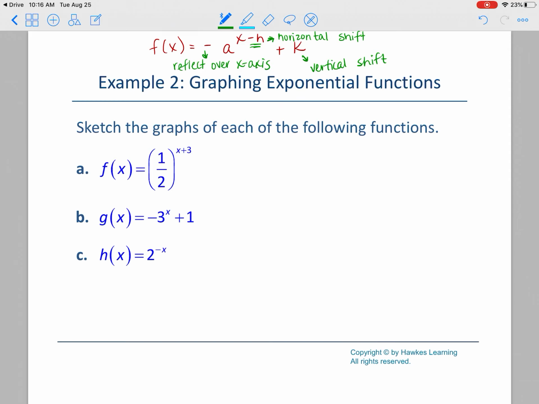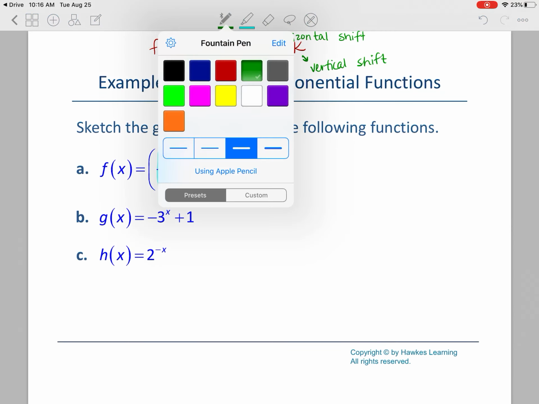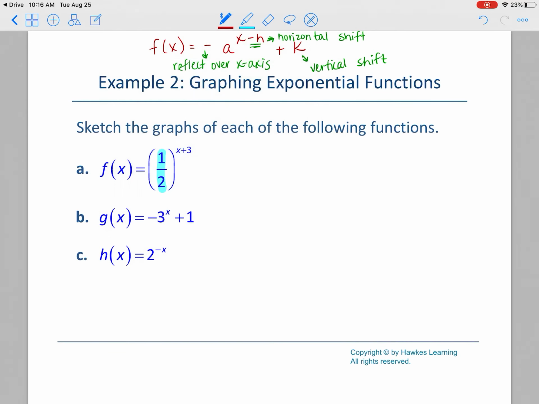So we're going to look at these. First, let's see, can you tell me the transformations? And then we're going to look to see how they affected the graph. So f of x equals 1/2 to the x plus 3 power. Okay, well, the 1/2 tells me that this graph is going to be decreasing.